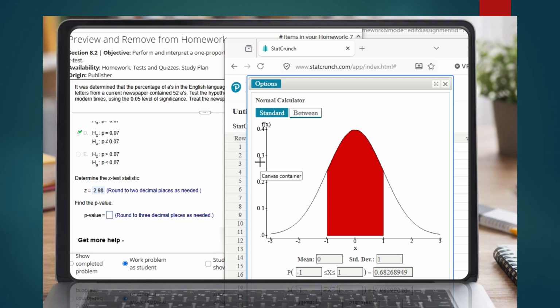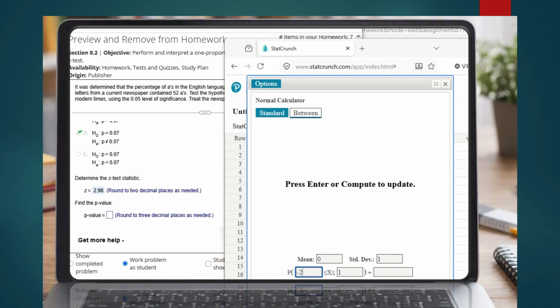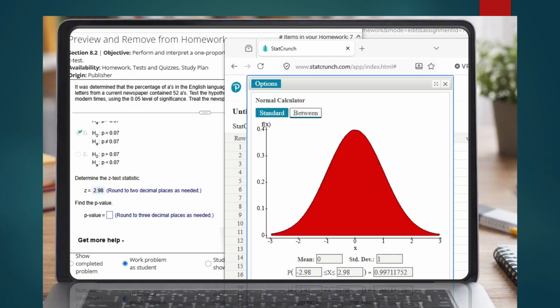Notice, we're going to just calculate the area in the red, and so we're going to have to use the complement of that to find the p-value. So basically we're talking about negative 2.98 to positive 2.98 as our z-scores. Let's compute it. We have that value.